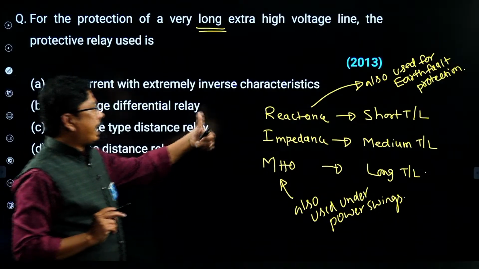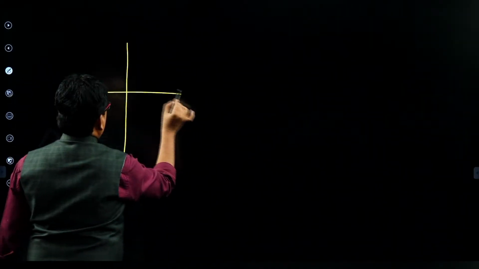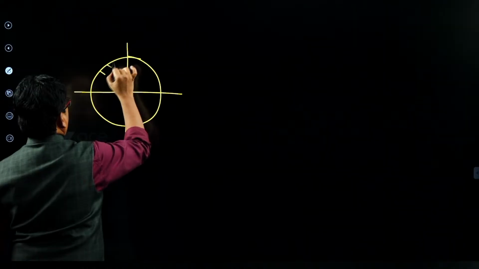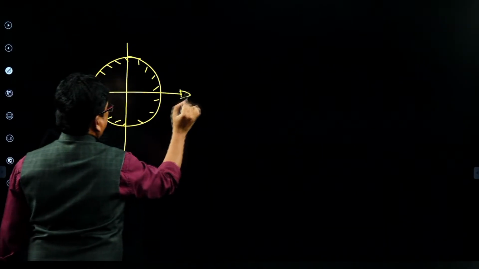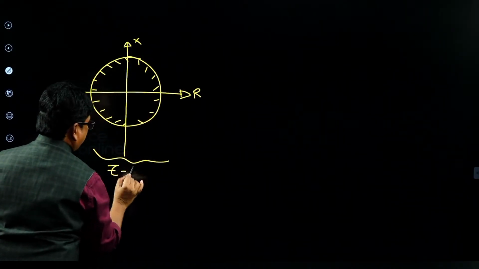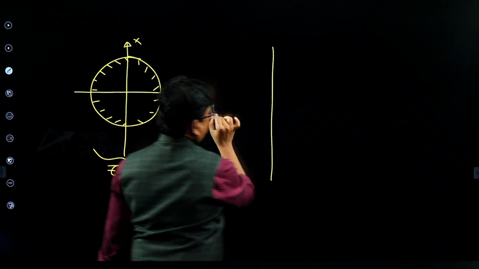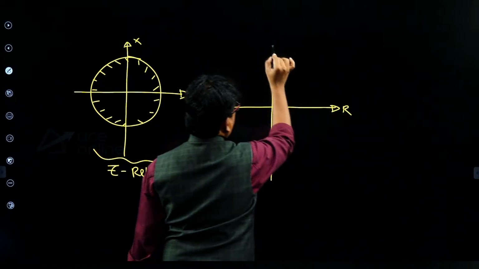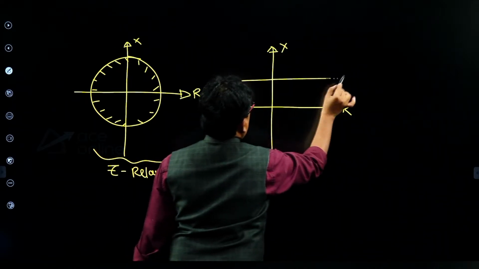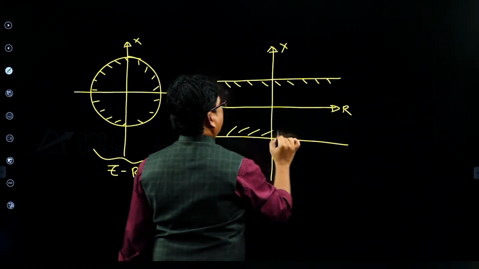And if you see the reactance relay, impedance relay, mho relay characteristics, this is the characteristic of the impedance relay in the RX plane. Just recalling these points students, this is the RX plane, this is for impedance relay, Z relay. For reactance relay, students, this is the resistance axis, this is the reactance axis, and that is the operating zone.